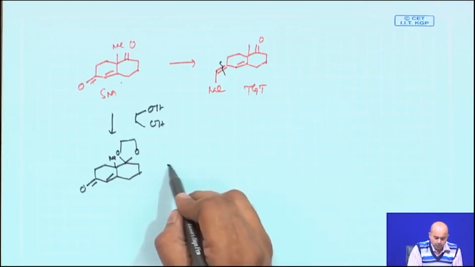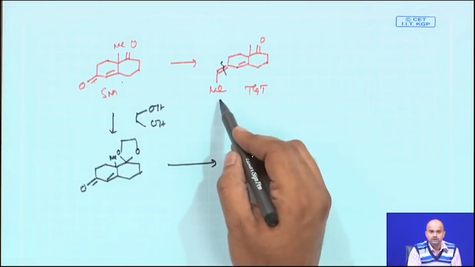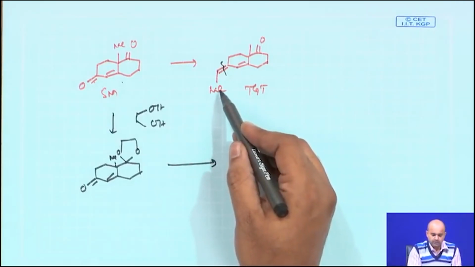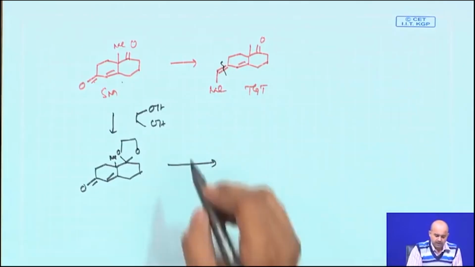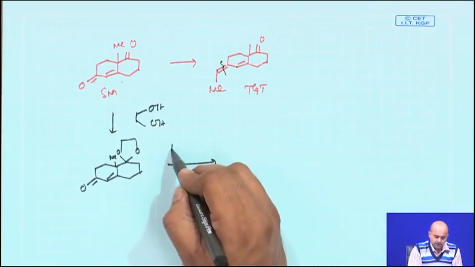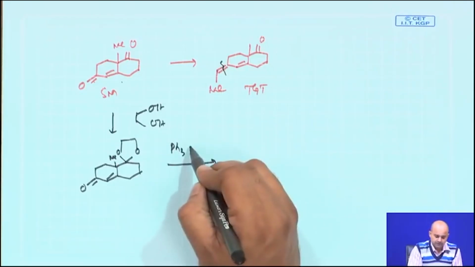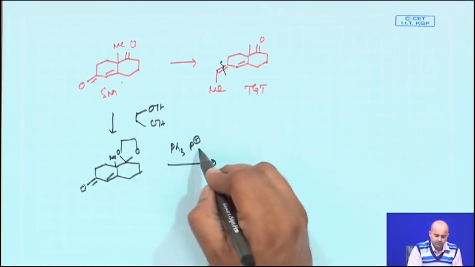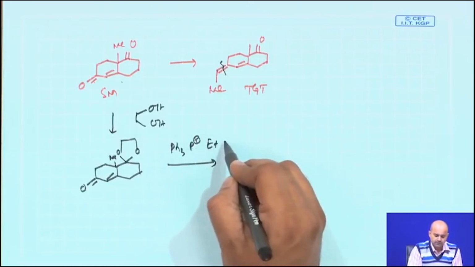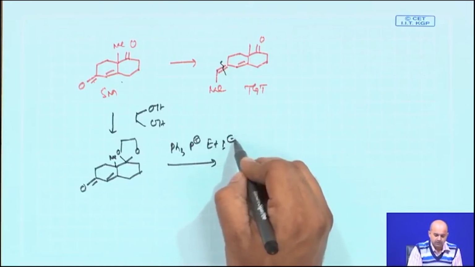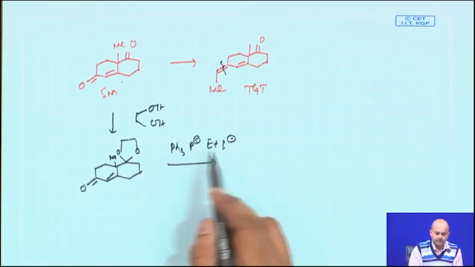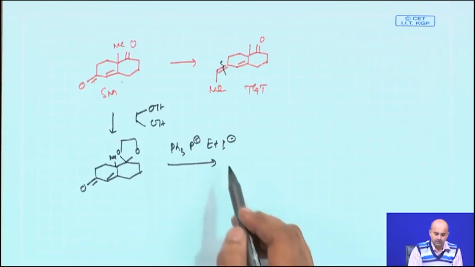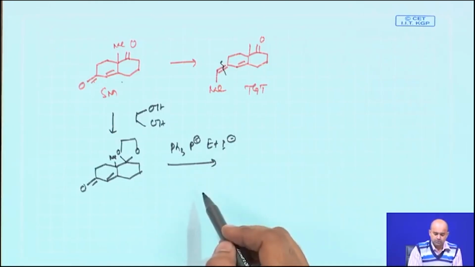Next, you need to do a Wittig reaction with a simple Wittig ylide. This ylide can be efficiently generated with Ph3P+ EtI−. So, triphenylphosphine and ethyl iodide can simply be mixed together and you get the corresponding phosphonium salt.